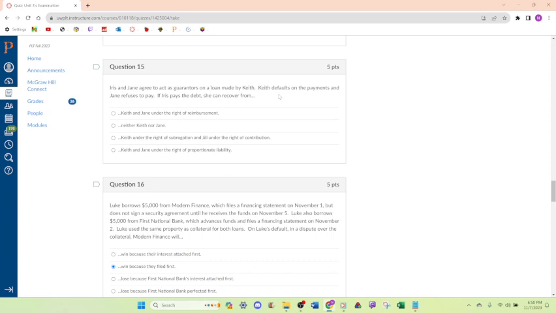Why would you recover from Keith? I don't see how Keith is somebody you need to recover it from, because she agreed to act as guarantor. So I don't think you would recover it from Keith, because you already signed the agreement that you would pay it if he defaulted. So I'm going to say neither, because Keith, no, therefore it has to be this one. That was funny.